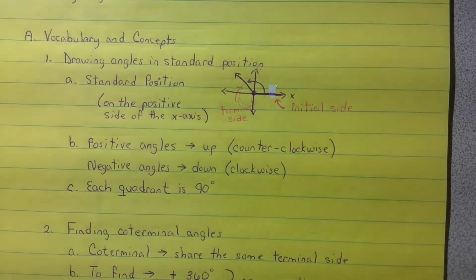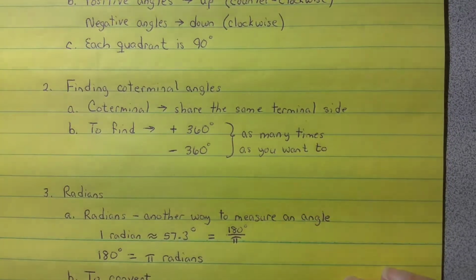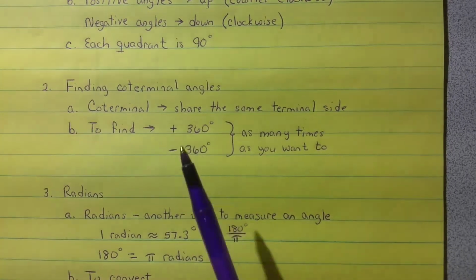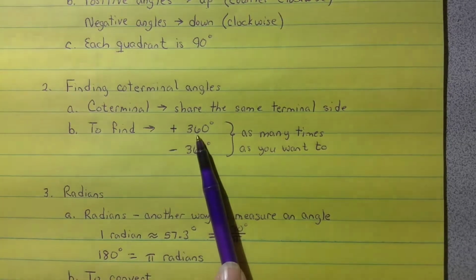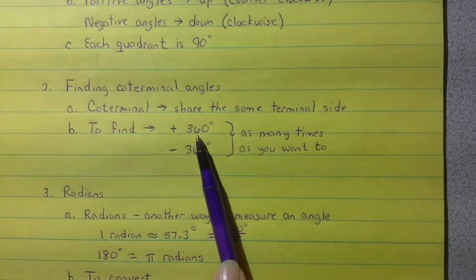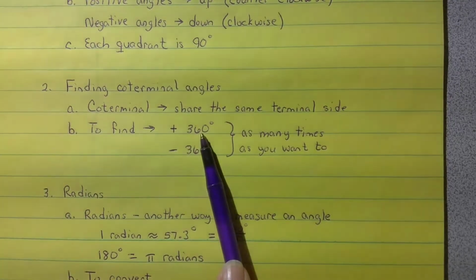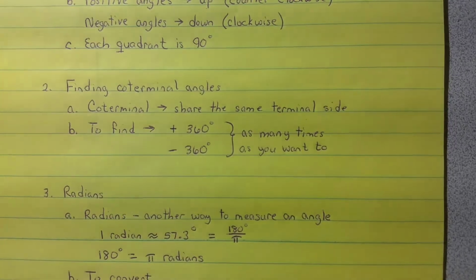So those would be called coterminal angles. They're very, very easy to find. All you have to do is add 360 to the degrees or subtract 360, and you can do that as many times as you want to. So add 360, there's a coterminal angle. Add 360 again, there's another coterminal angle. Add a third one, there's a third coterminal angle. The same with subtracting 360.